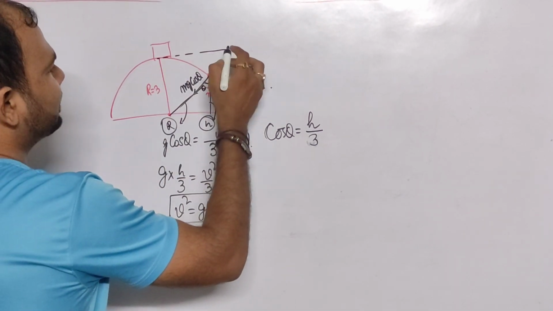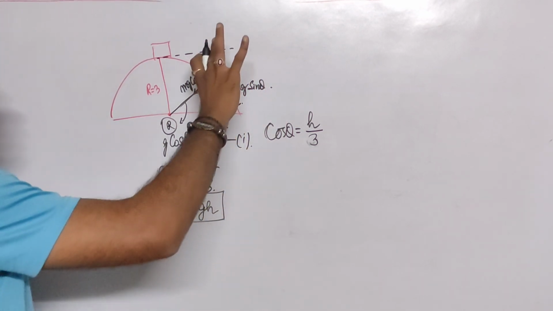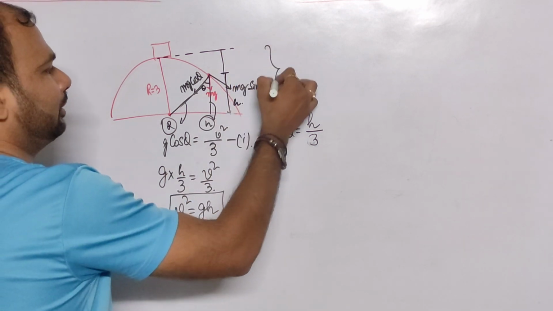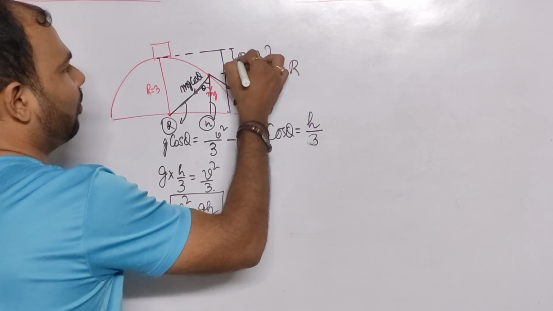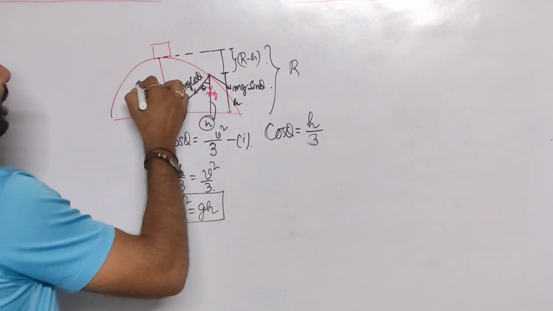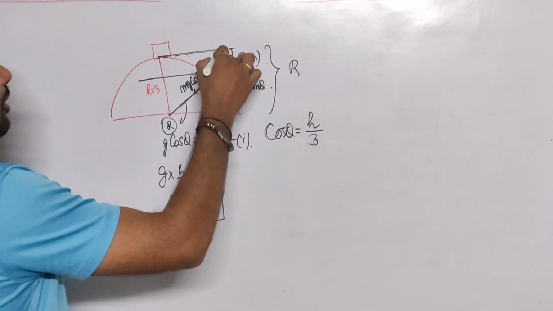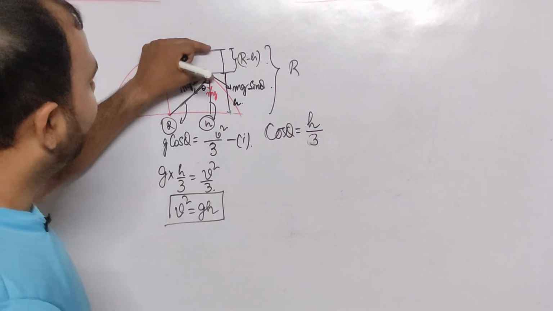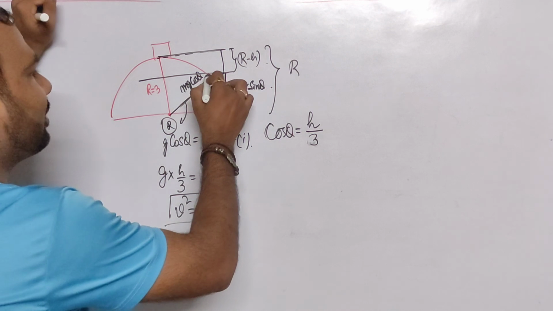If we draw this line, the total line is r, and this portion is r minus h. Why? Because the body slides from here to here, that means the potential energy for this height will convert into kinetic energy after this point.